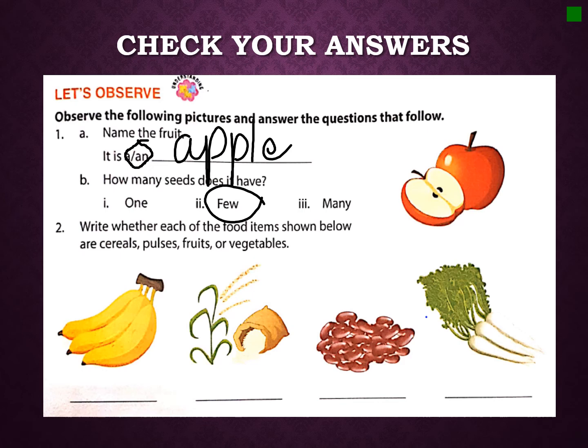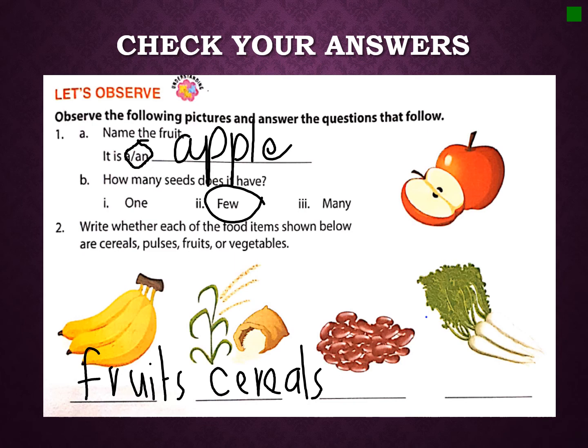So banana, fruit. Next, cereals. Next, pulses. The last is vegetables.